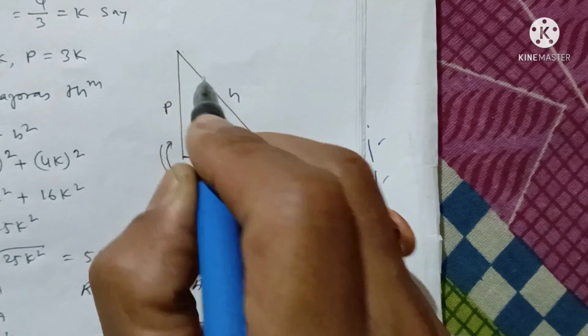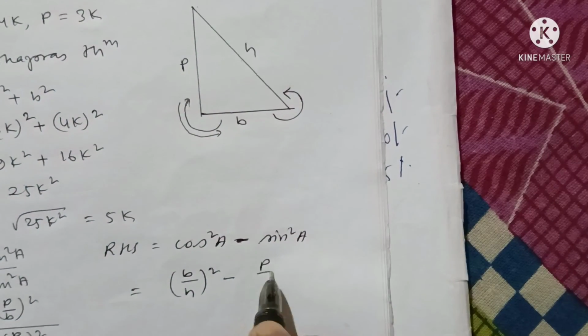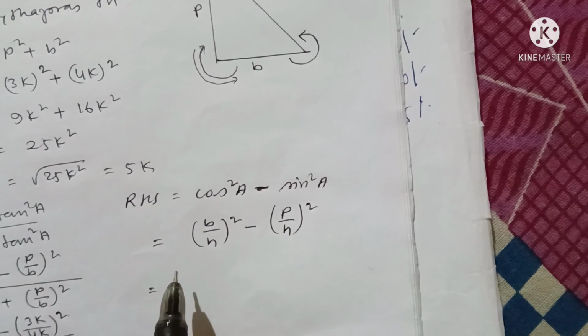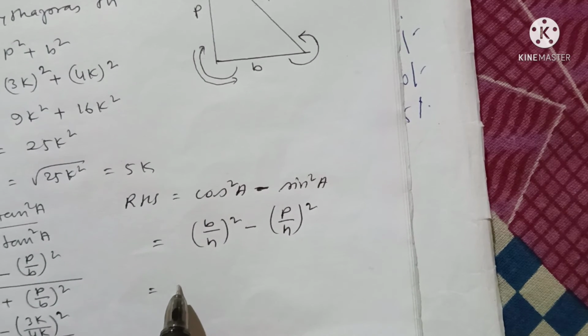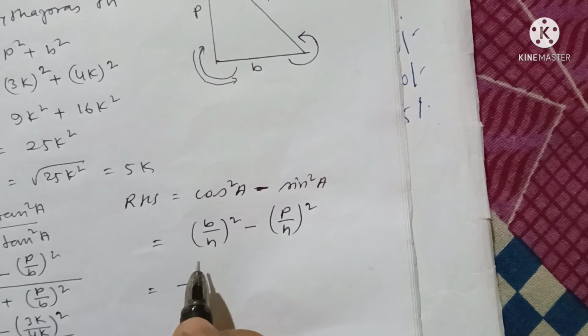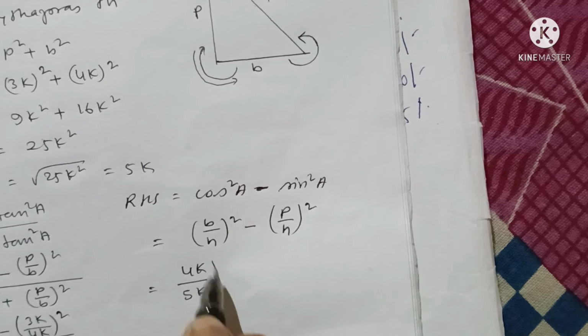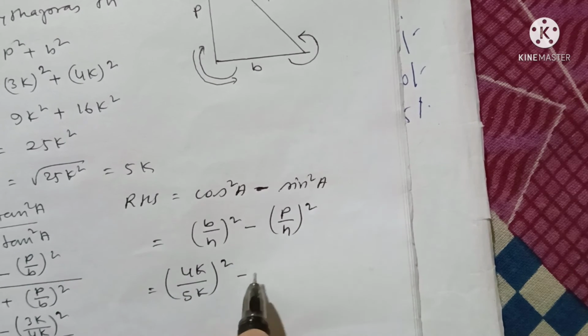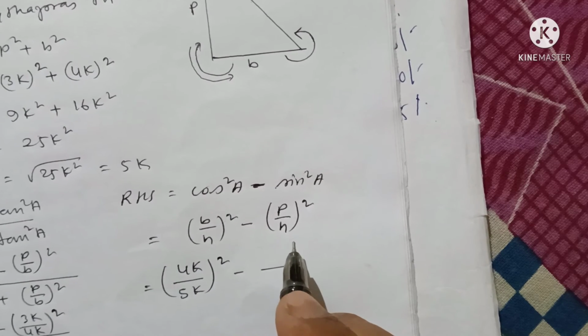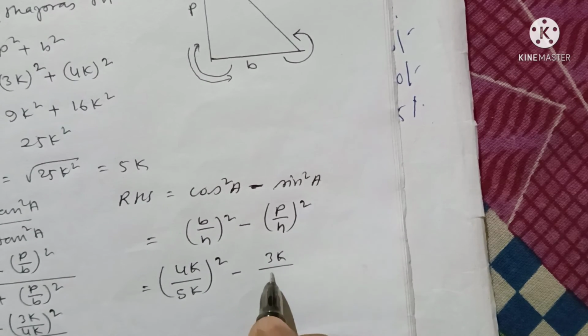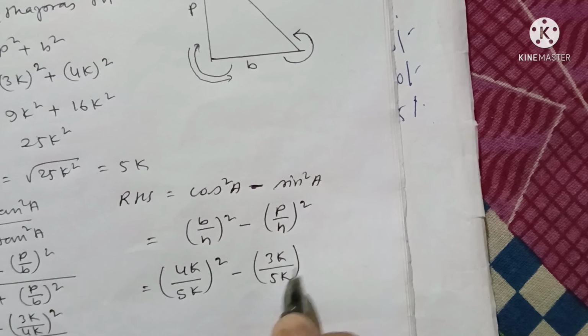Perpendicular by hypotenuse, P by H whole square. Put the value of B and H. B means 4K, H means 5K whole square, minus P means 3K, H means 5K whole square.